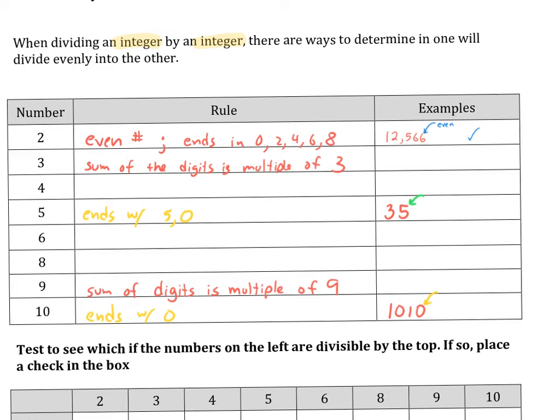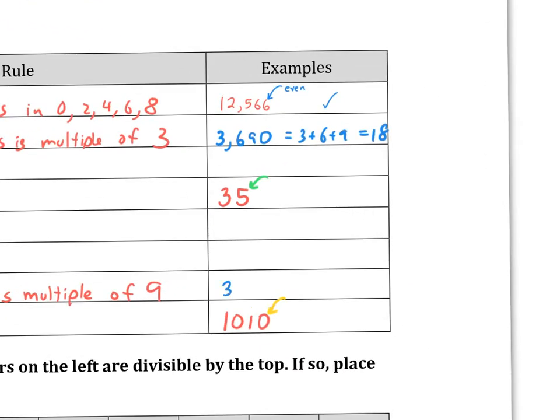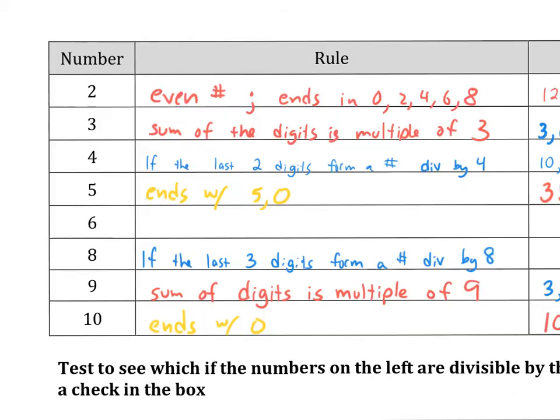So if I did for 3, I said 3,690. That works. Why? Because 3 plus 6 plus 9 is 18, and 18 is a multiple of 3. It turns out that number I just wrote also works for 9 because 18 is divisible by 9 as well.